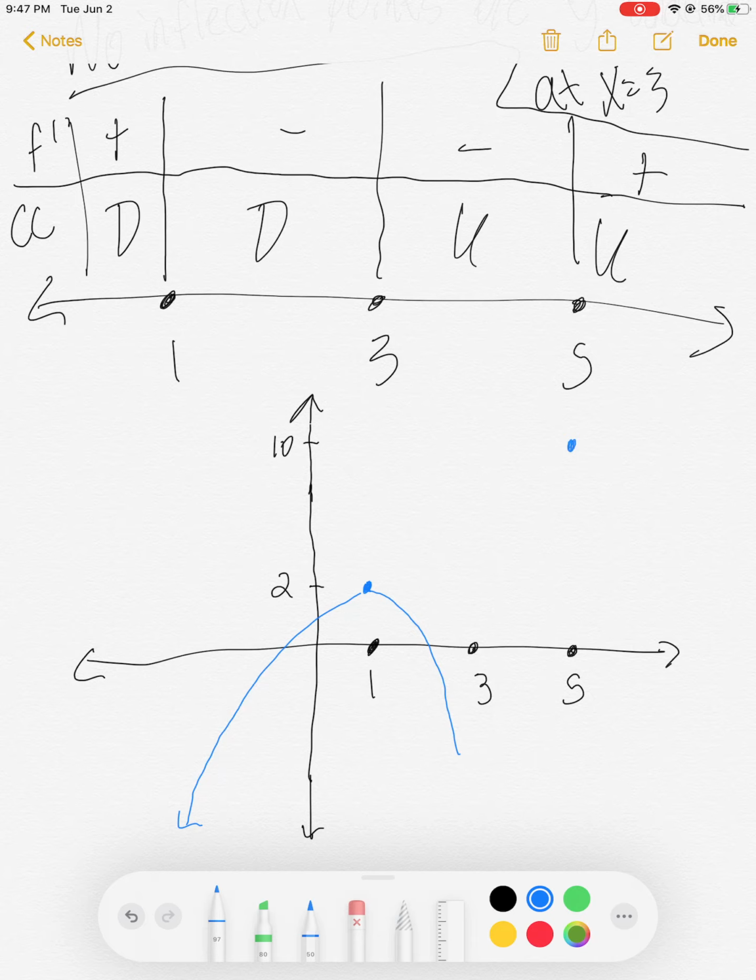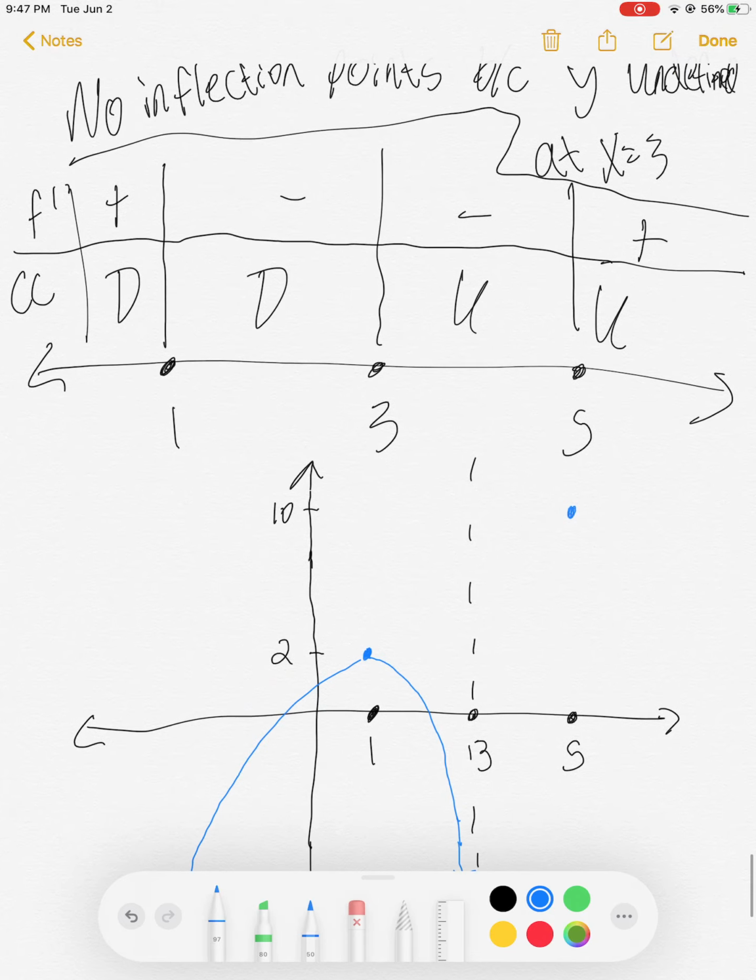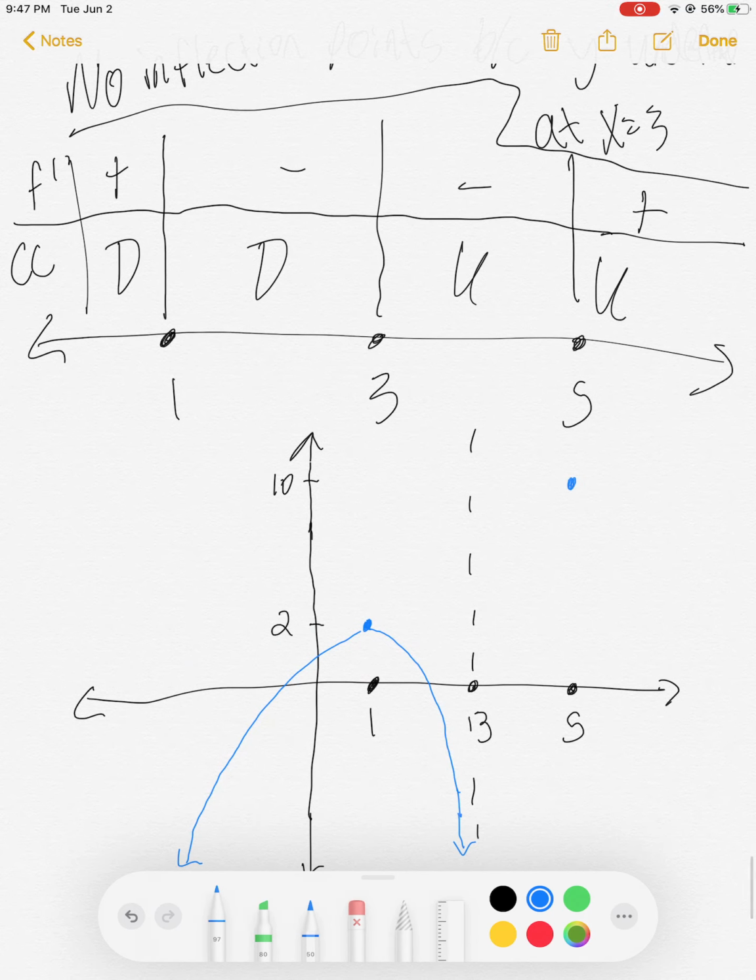So we have concave down here and increasing. Then I want to do concave down and decreasing. So something like that, that's tough to draw. And remember, we don't actually hit 3, so we've got an asymptote here. We never actually hit x equals 3.